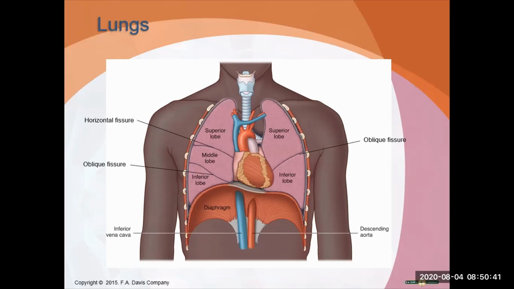Number 8, which gas is the primary regulator of respiration? Is it oxygen, carbon dioxide, nitrogen, or bicarbonate? And the answer is carbon dioxide. So this is really important for patients that might be on an oxygen generator or are having other lung issues.